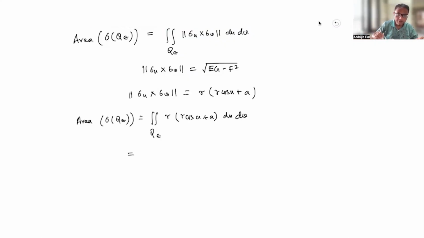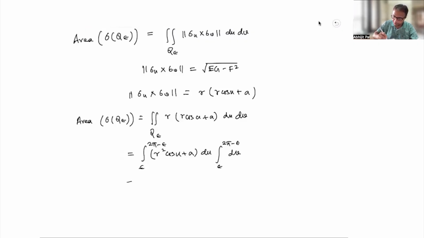This double integral is equal to the following: the integration from epsilon to 2 pi minus epsilon of (r squared cos u plus r a) du, times the integration from epsilon to 2 pi minus epsilon of db.